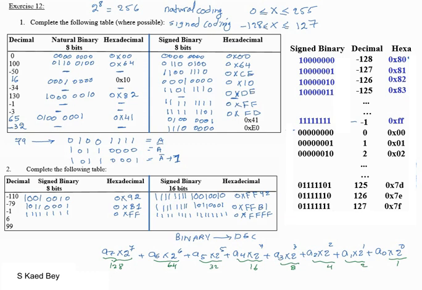Number 6 is a positive number. It can be represented in binary as 4 plus 2. So that's going to be 0, 1, 1, all zeros. And in hexadecimal, the first 4 bits is 6 and 0.